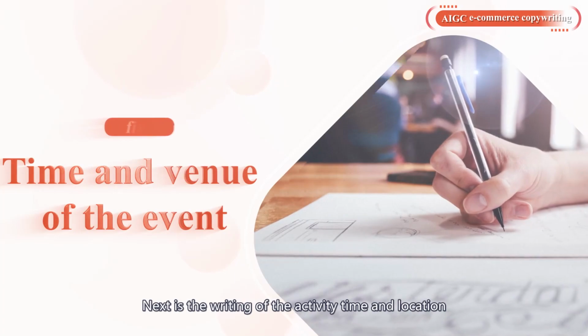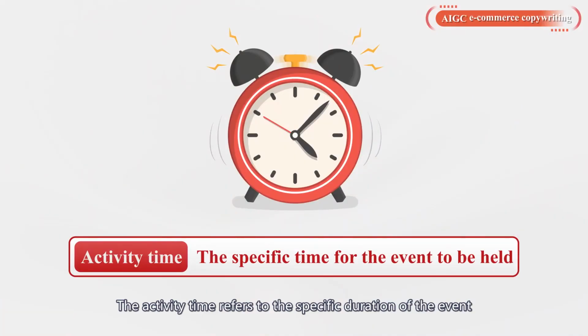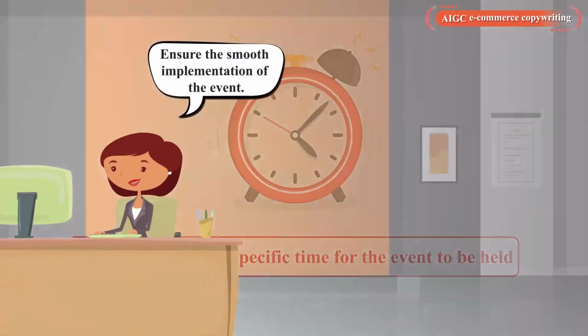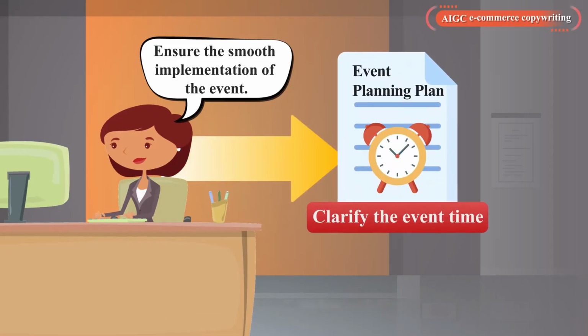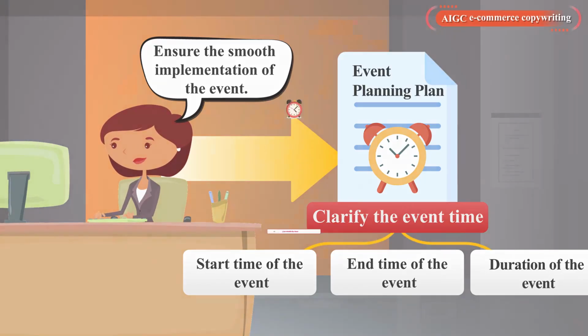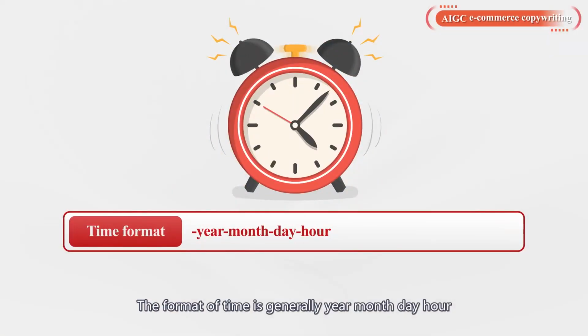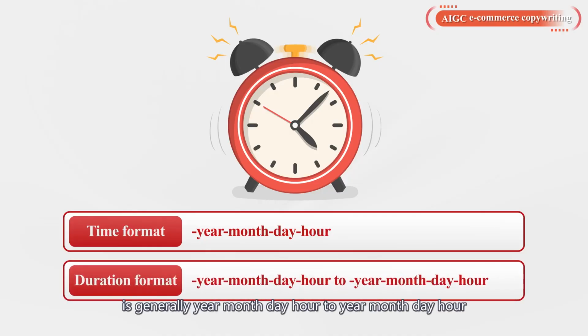Next is the writing of the activity time and location. The activity time refers to the specific duration of the event. In order to ensure the smooth implementation of the event, the copywriter should specify the duration of the event in the event planning plan, including the start time, end time, duration, etc. The format of time is generally year, month, day, hour, and the format of duration is generally year, month, day, hour to year, month, day, hour.